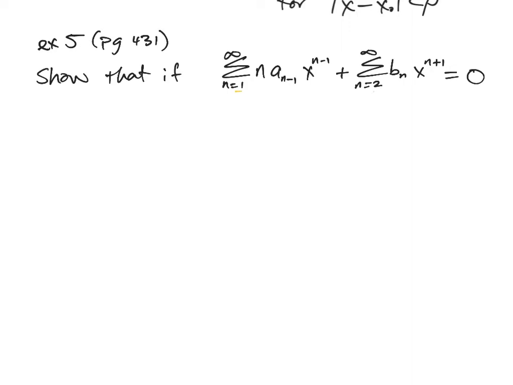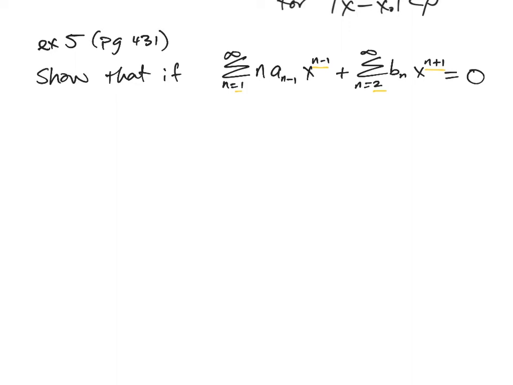We are starting off at different indices, and then we have sort of different things over here. So it makes it a little bit hard to compare them, because when you add polynomials together, you want to add their like terms, the terms that have the same power or the same order. But these don't sort of match up. So that's the thing that we're going to want to do.